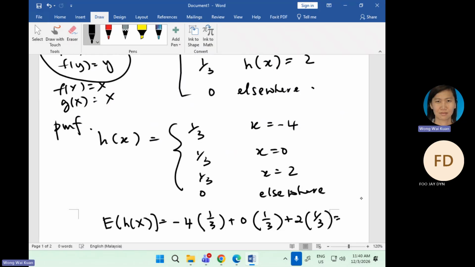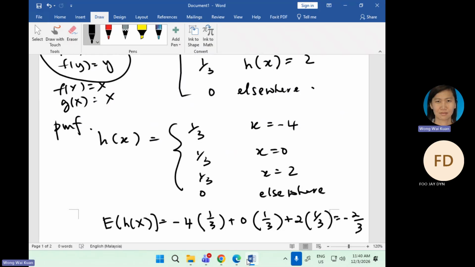So I get -4 plus 2, yes, it's -2 over 3. Nothing wrong with an expected value being a negative value. Probability cannot be negative. Expected value can be any number. Nothing wrong with that.